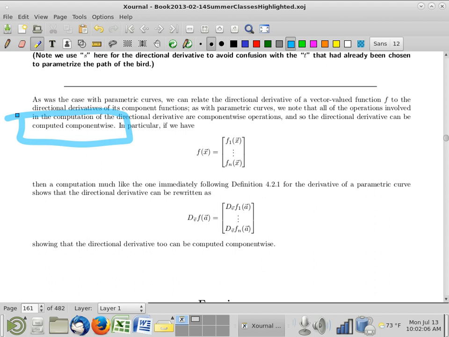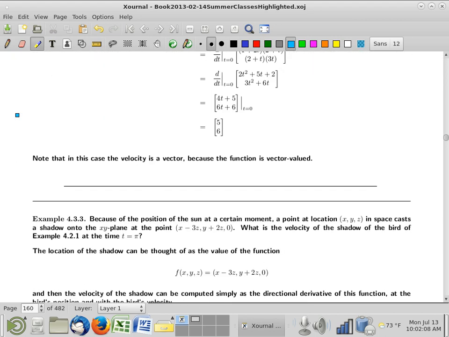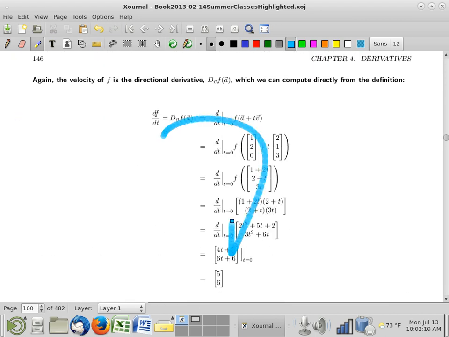So, question: am I going to have to go through this process every time I do one of these? In other words, do I have to do vector calculations every time? And in fact, the answer is no, and here's the reason why.